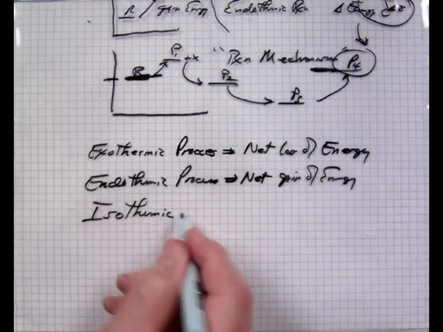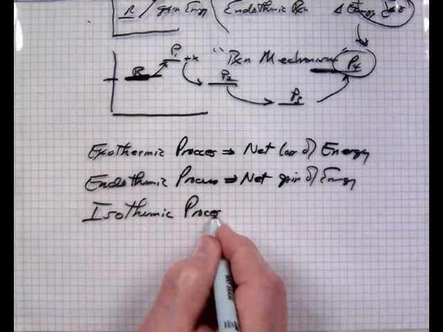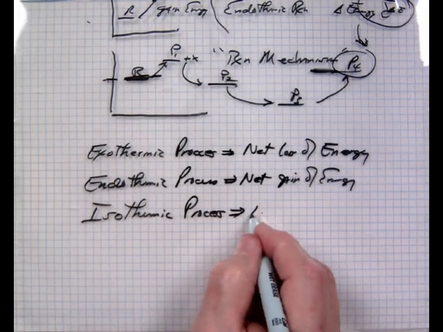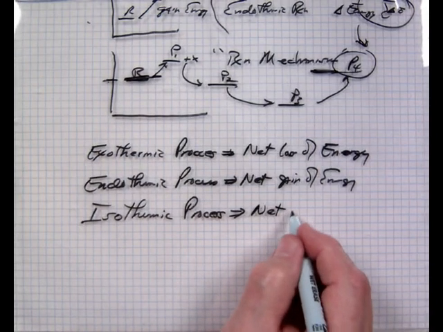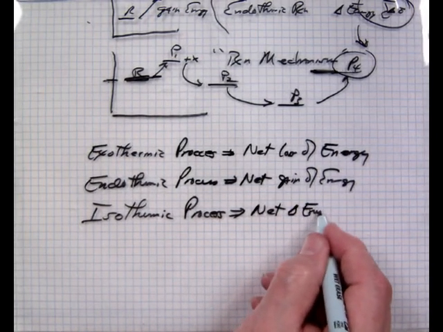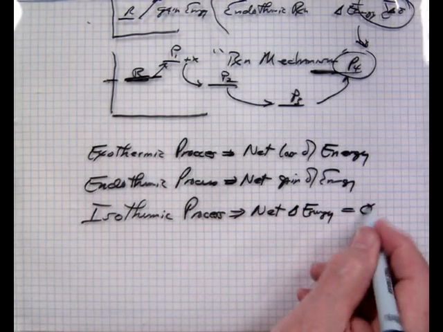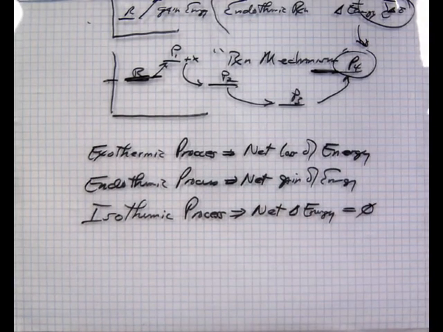But don't miss out on isothermic process, which means the net delta energy is equal to 0. And the underlying secret in here is that going from reactant to products might have gone through several steps, which involve gains and losses of energy.